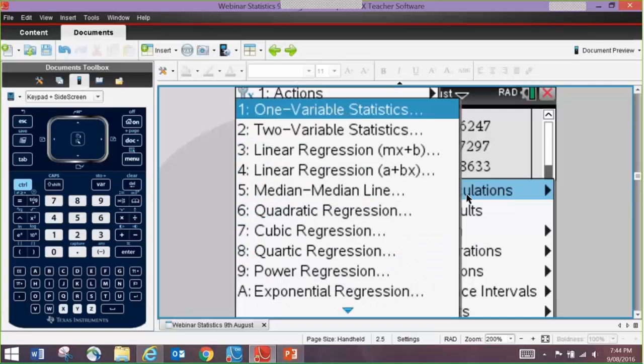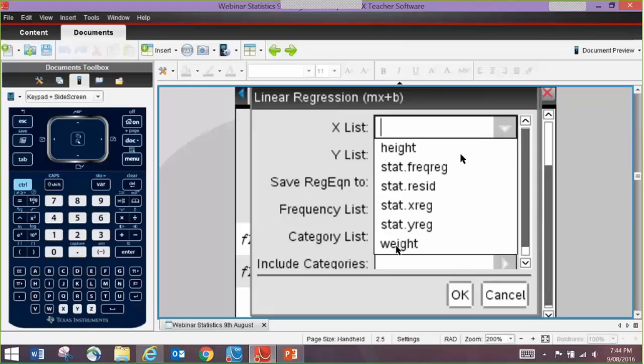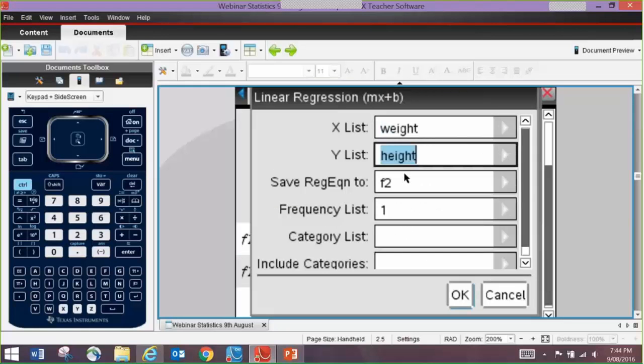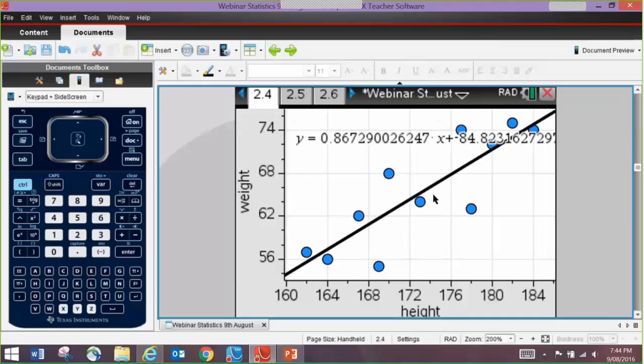So with the stat calculations again, the linear regression, it's actually just a matter of swapping the order in which you enter the data list into your calculator, and that is the X on Y regression line with a gradient of 0.833 and a Y-intercept of 118.72.